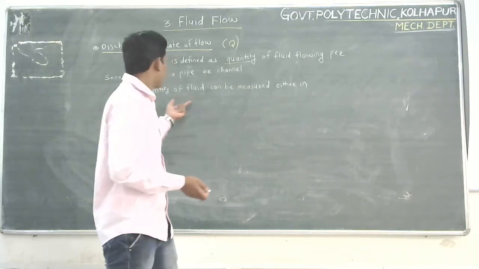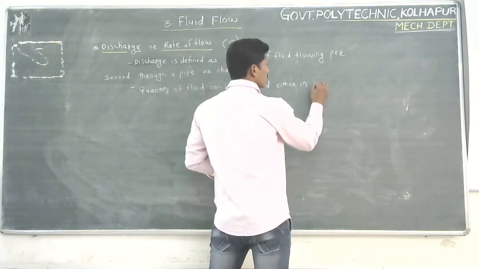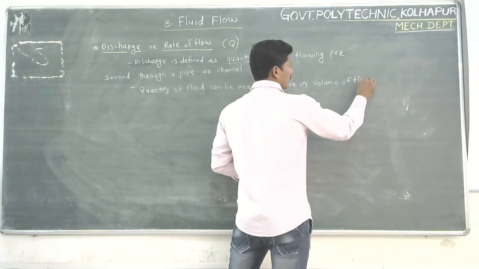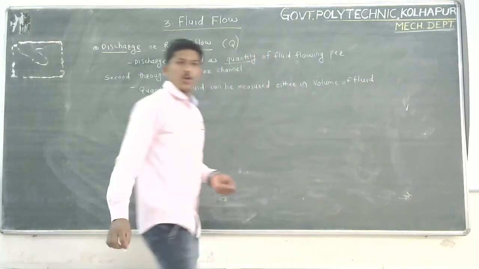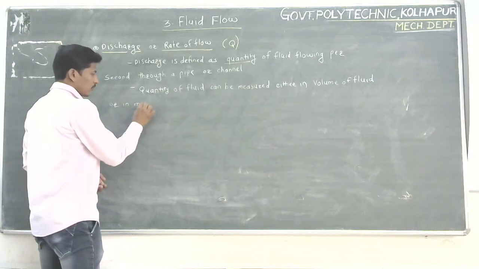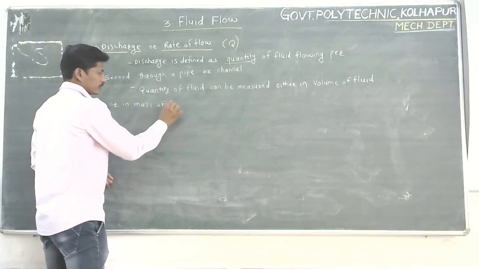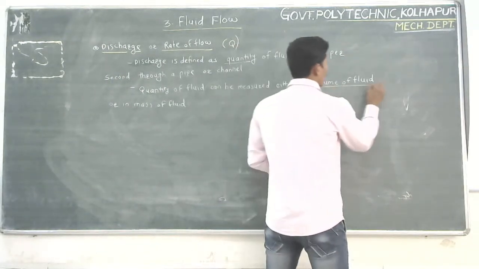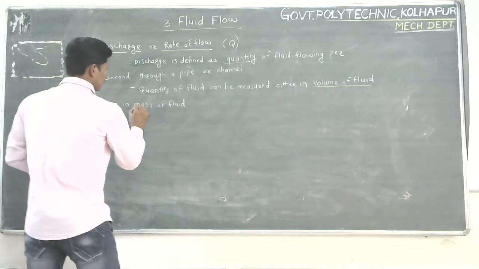So the quantity of fluid can be measured either in volume of fluid or in mass of fluid. We can measure the quantity of fluid in these two terms, volume of fluid and mass of fluid.